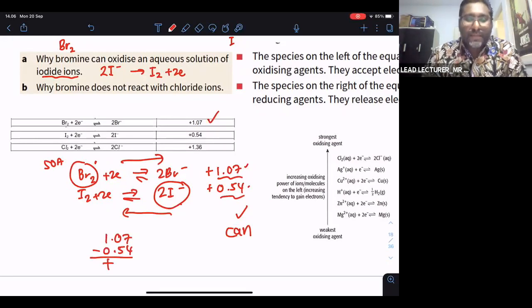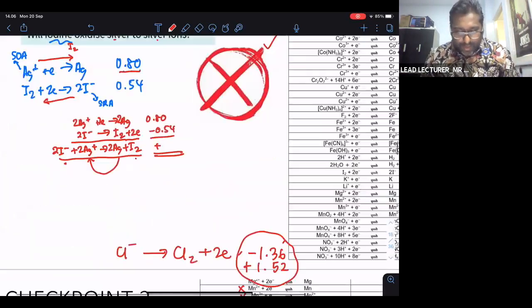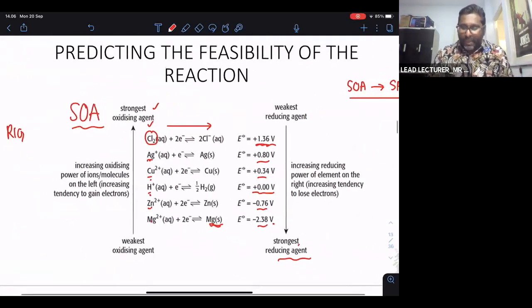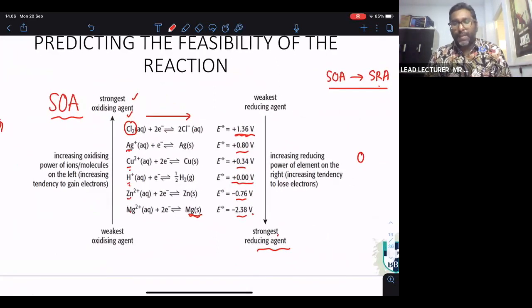Sir, how do you know which one is SOA, which one is going to be SRA? Then come back over here again. Good question. You will come back and arrange them, like 0 over here.